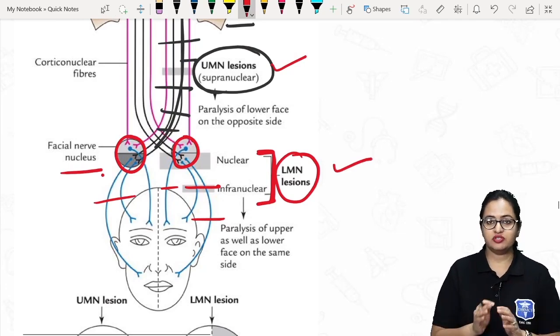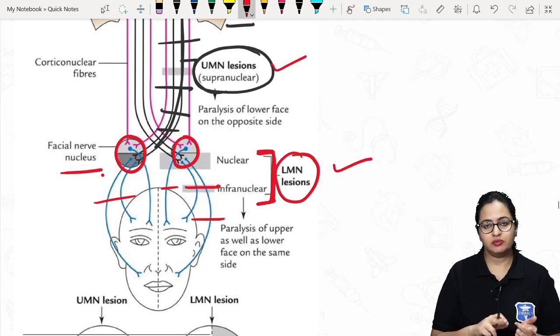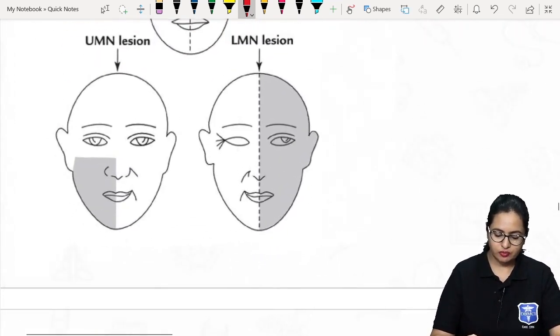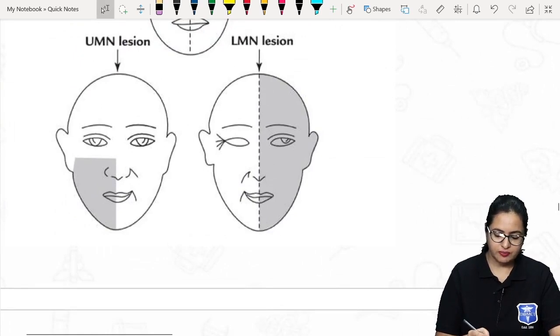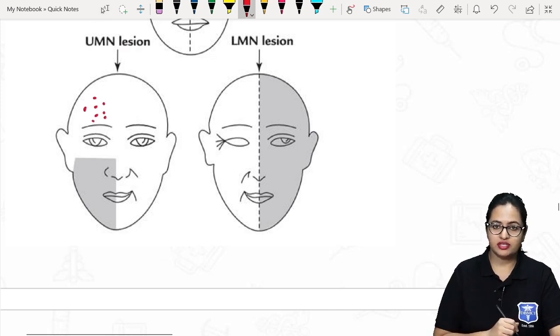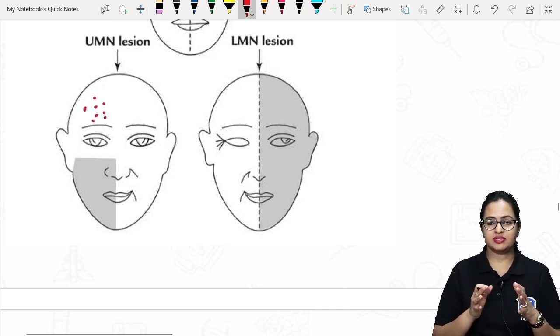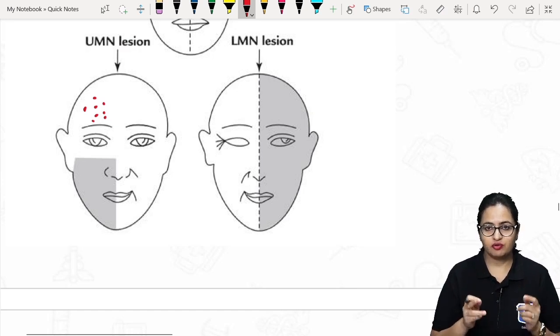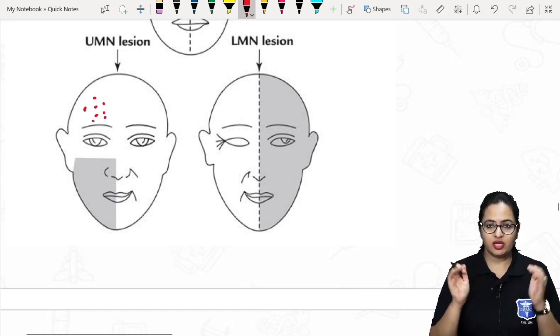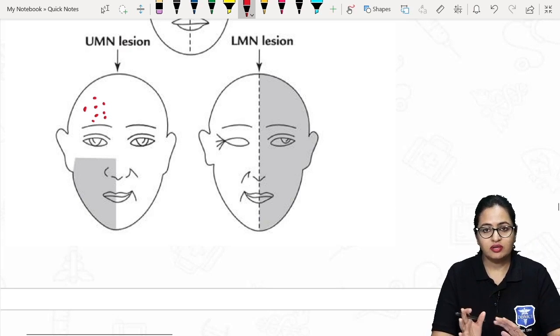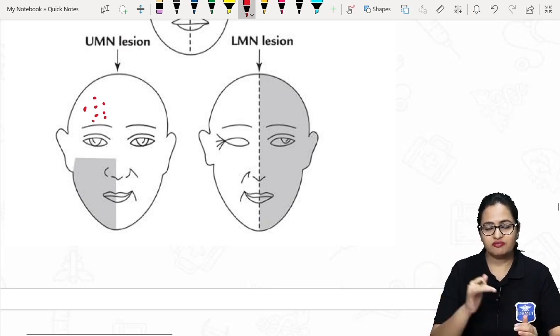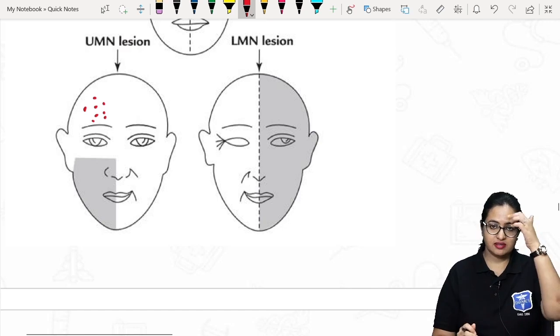The nuclear lesion which has been asked in this question will come under the lower motor neuron lesion. In the upper motor neuron lesion, a characteristic feature is that there is sparing of the forehead, because the forehead gets a supply from bilateral fibers coming from the cortex. So bilaterally the fibers come from the cortex and supply the forehead area.